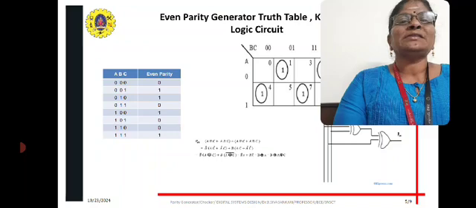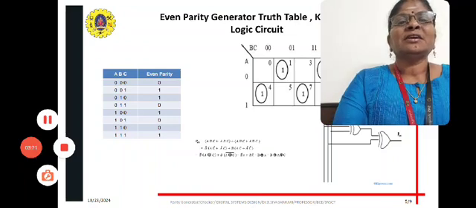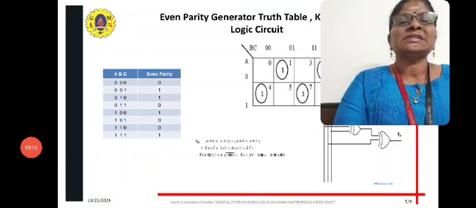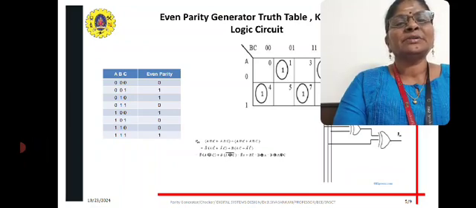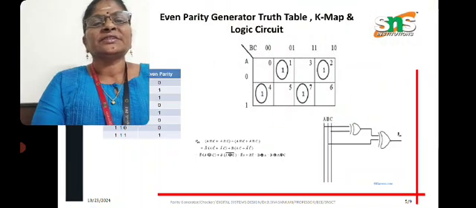Next, 010, same, it is odd, so I have to add one additional bit to make it even. Likewise, from 0 to 7, we have added 1 for the odd numbers and 0 for the even numbers. So this is my truth table for the even parity generator.